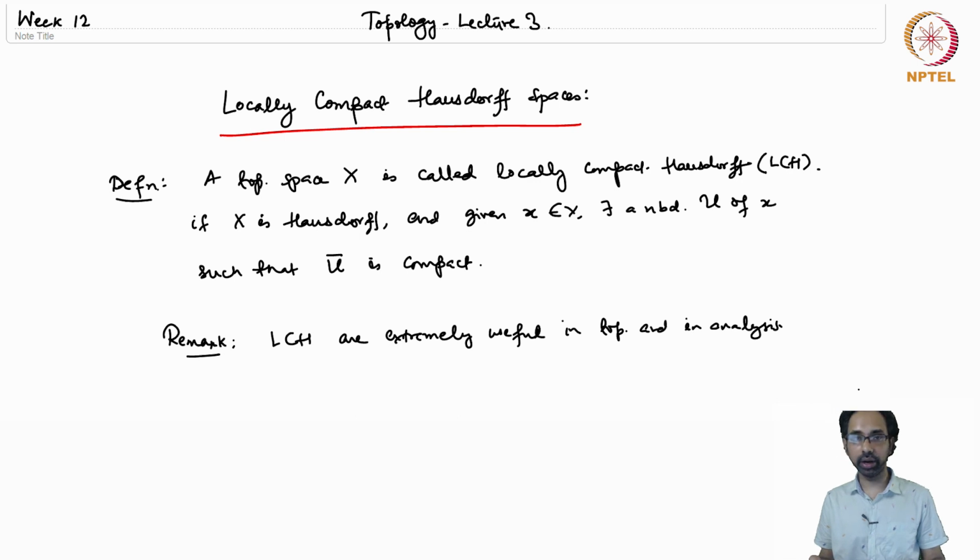In particular, for areas like functional analysis and measure theory, they are basically indispensable for all kinds of results. Our interest in them is for the converse of the Arzelà-Ascoli theorem, which we will see later. But first, let's prove a very basic and useful property of this kind of spaces, which is the regularity property. So all locally compact Hausdorff spaces are regular. Let's see a proof of this fact.